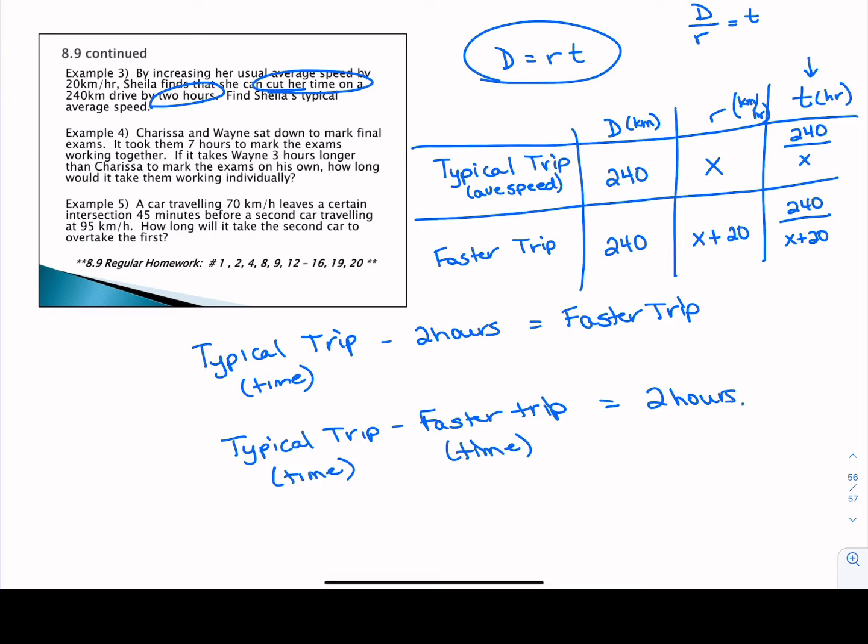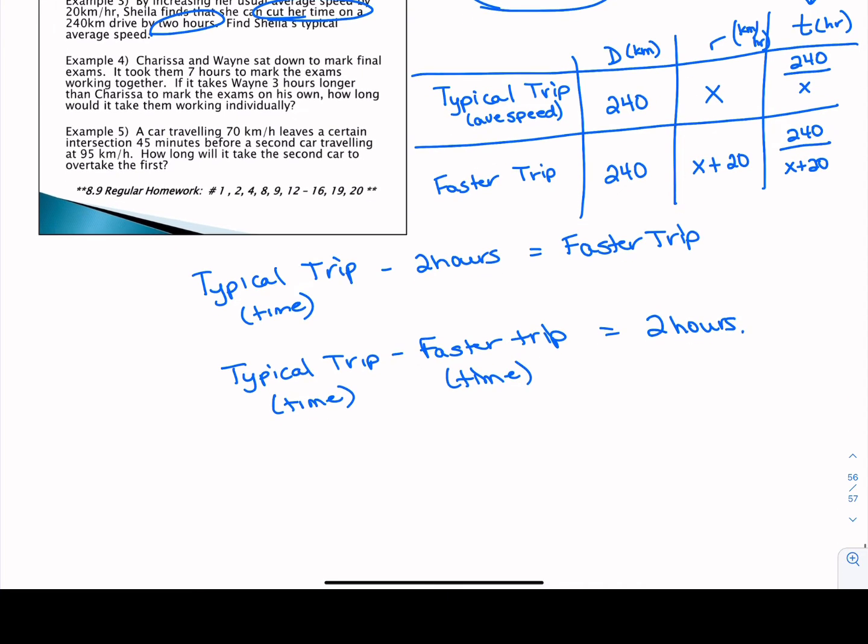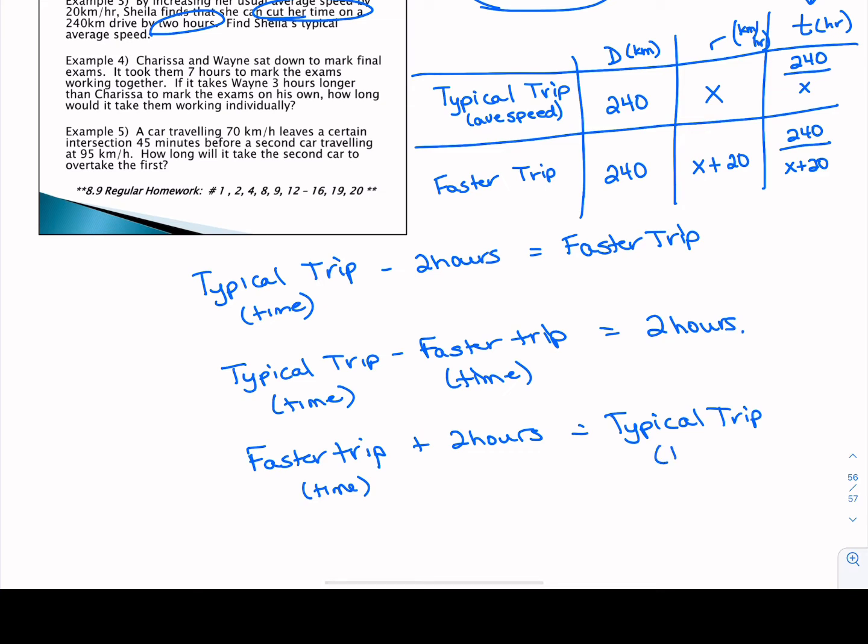Sometimes I'll have students put this all together and they'll say, well, what if we take the faster trip, and again, we're talking about time, and I add 2 hours? That would give me the total for her typical trip. And again, this is all measured in time.